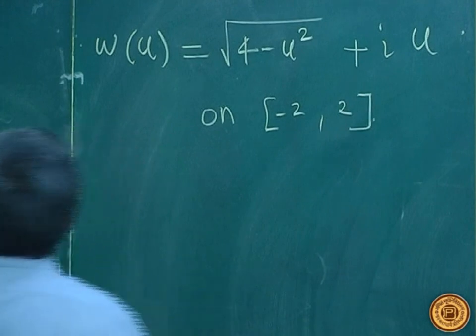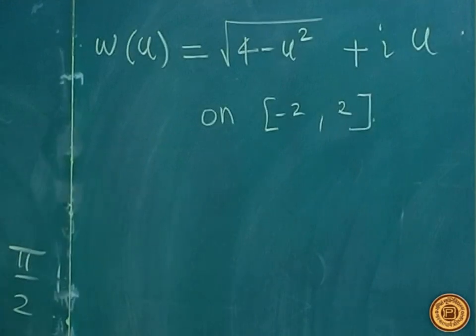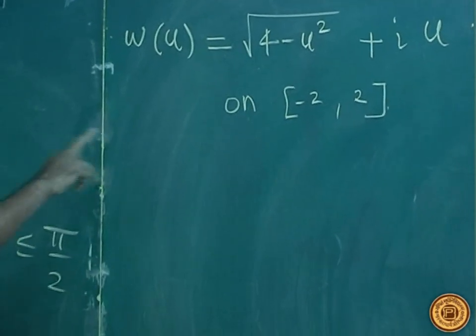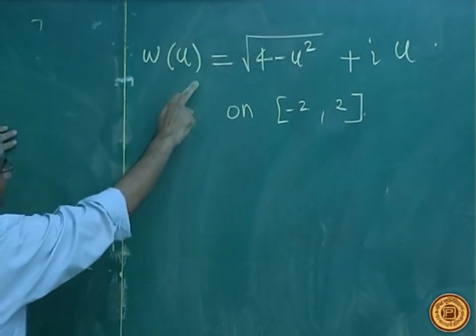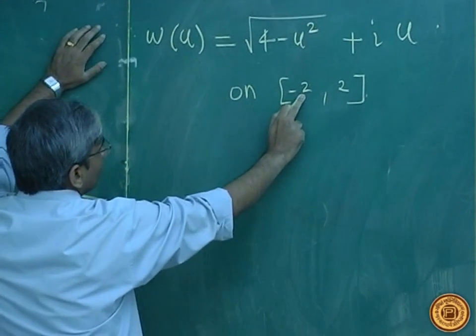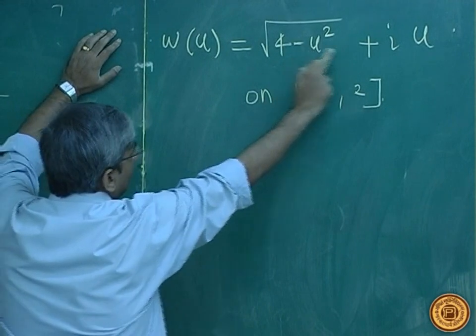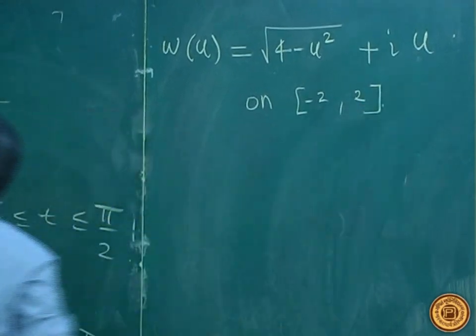Now again you try to put values. Can you see both of these on your screen? If I put minus 2 here, you get 0 as real part and minus 2 as imaginary part, that is exactly this point you get.